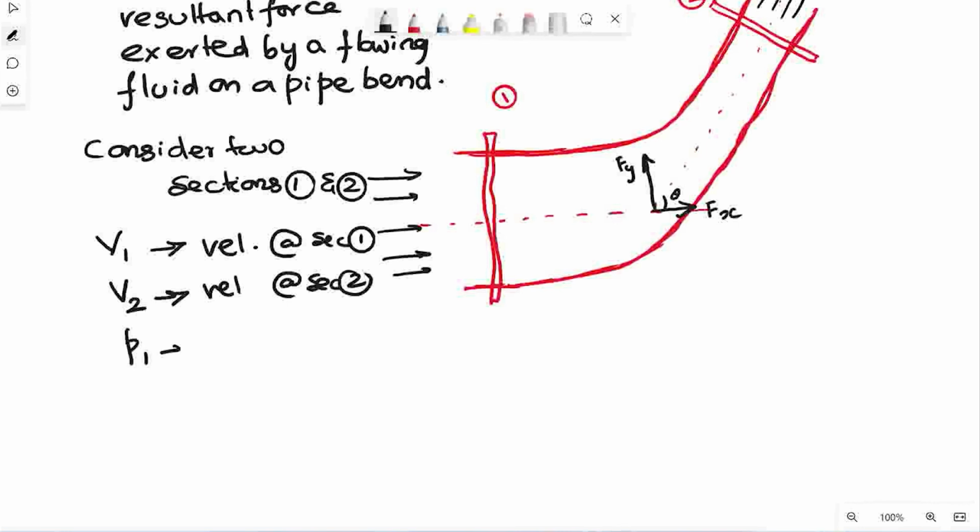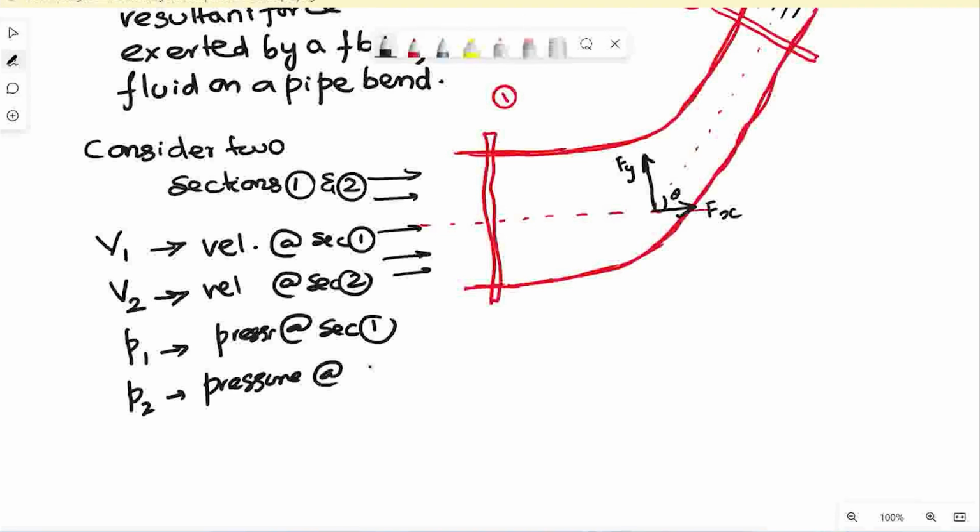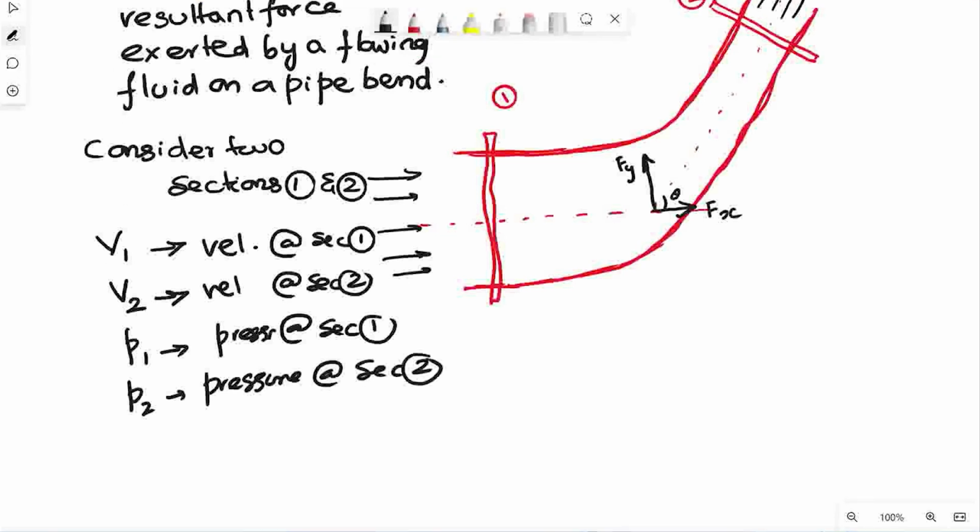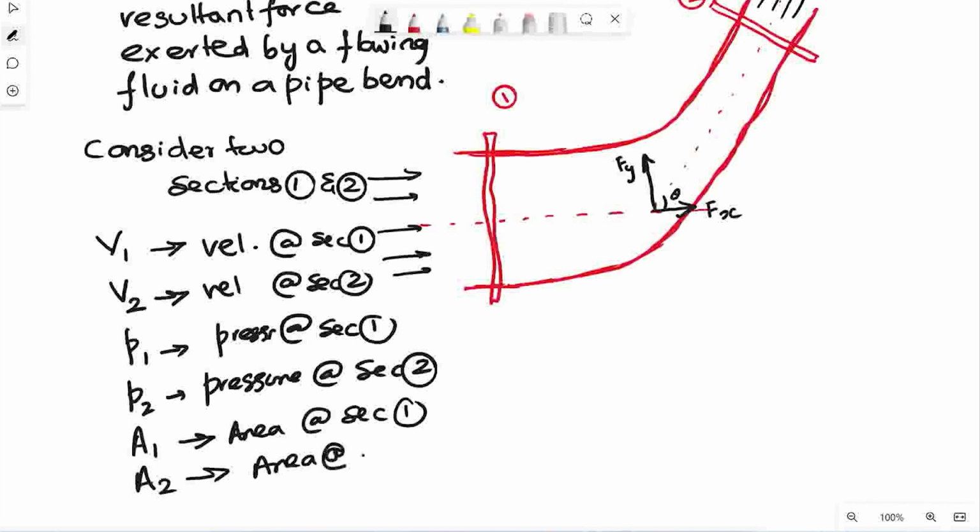P1 is the pressure at section 1. P2 is the pressure at section 2. Then A1 is the area of flow at section 1, and A2 is the area at section 2.